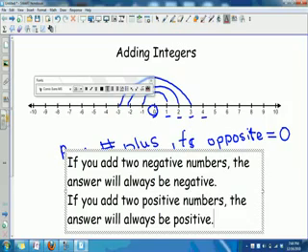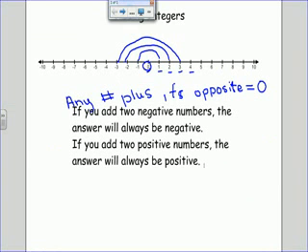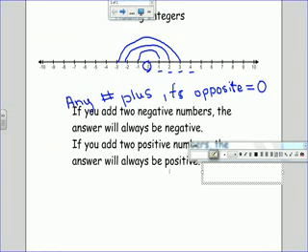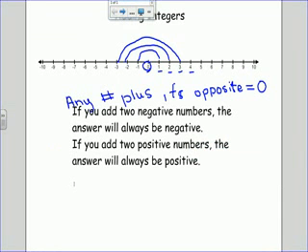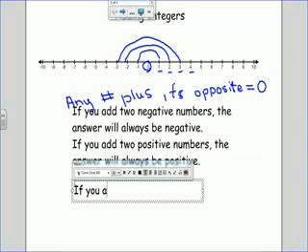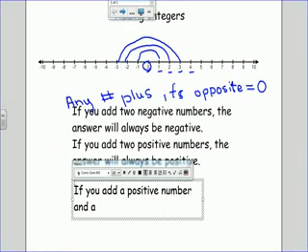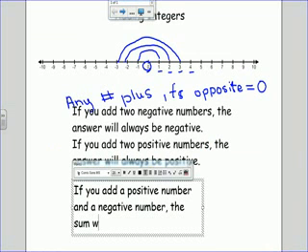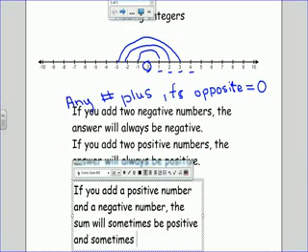Now, where it gets a little interesting is when we start mixing the two together. So for example, if you add a positive number and a negative number, the sum will sometimes be positive and sometimes be negative.